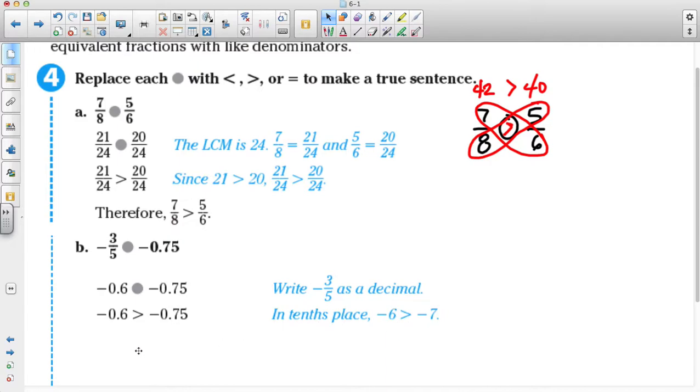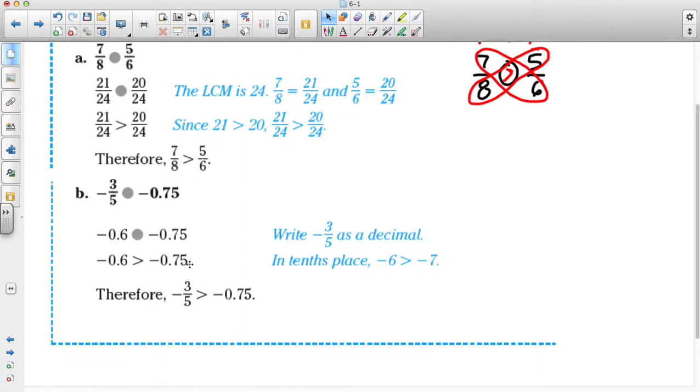Therefore negative 3/5 is greater than negative 0.75. If you want to verify your answer, I'll leave it up to you to verify this using a number line.